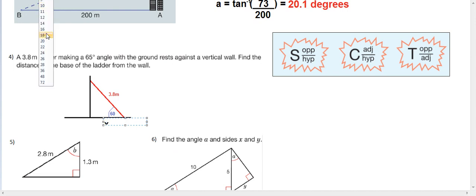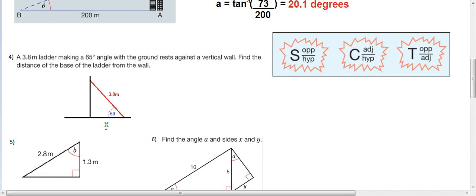X is the length that I need to find. Let me draw this line here because I don't want you to be confused. The question is asking for this length, the distance of the base of the ladder from the wall. Now that we have our triangle, we can solve it. Let's go.